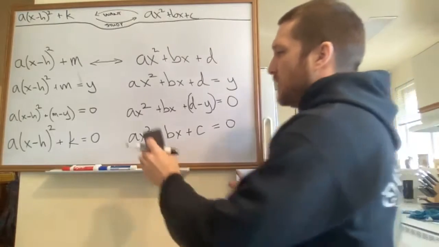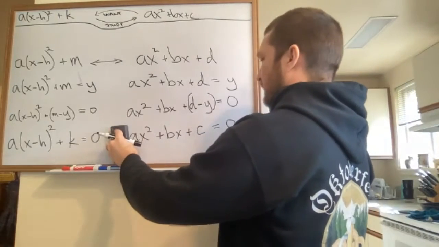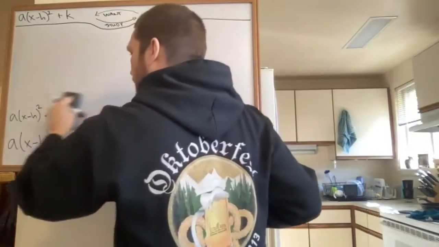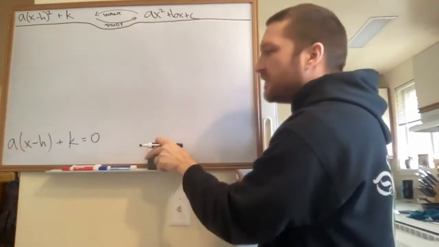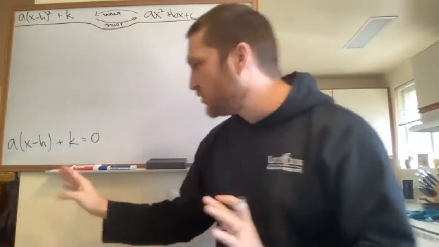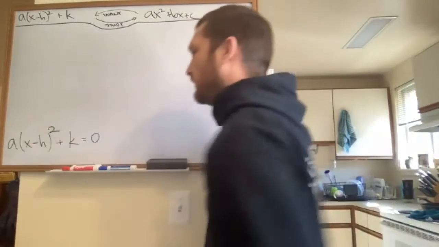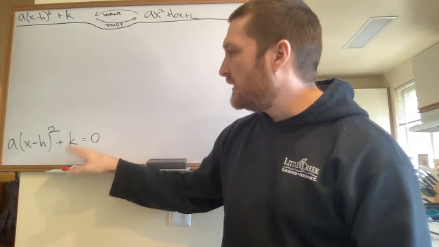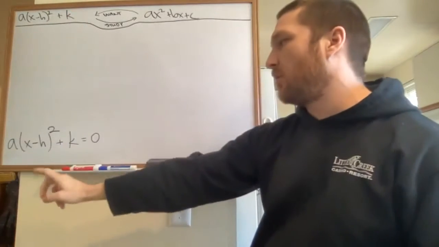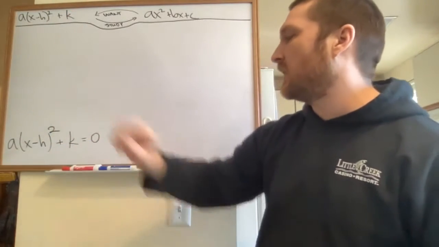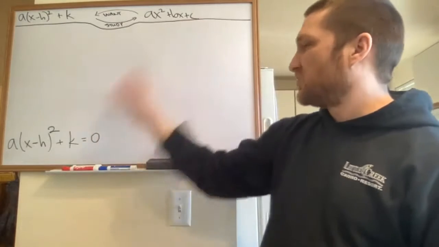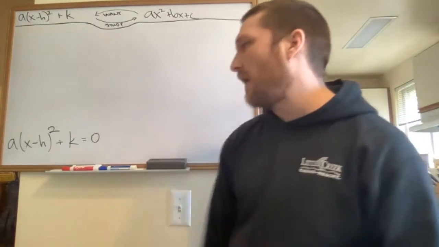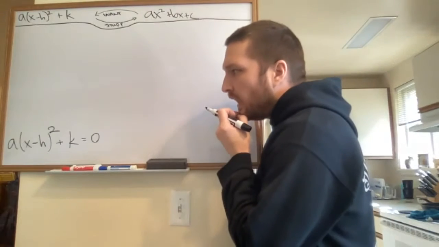Now, before we go any further, let's just make sure, oops, that's supposed to be a square, let's just make sure that this gives us what we want. The idea was if we could get it into this form, then we could solve any equation where that's equal to 0. And let's just look at that real quick.